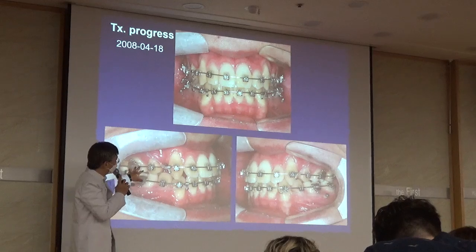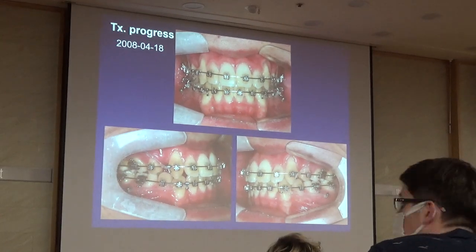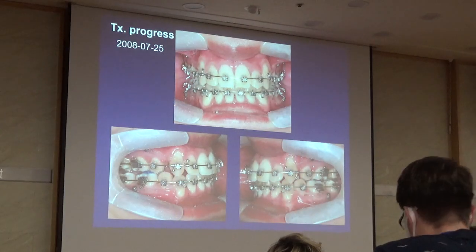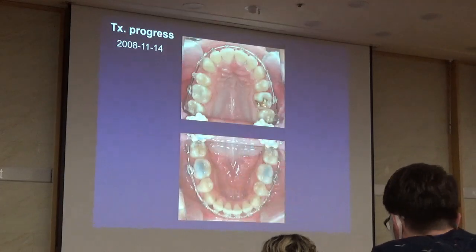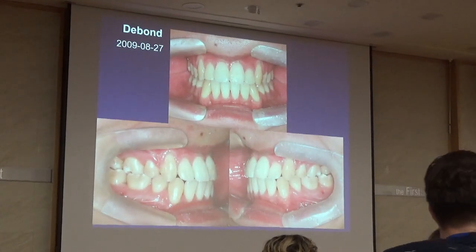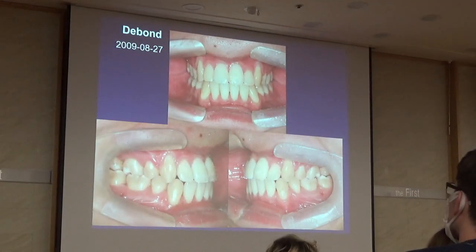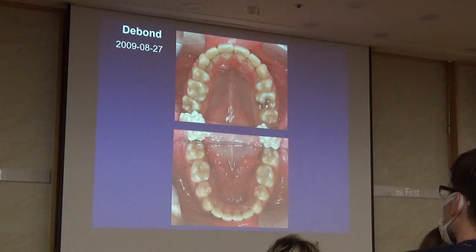And also at the same time, we are gradually closing the gap out of the lower incisor this way. First, we were able to close the gap barely. By what?